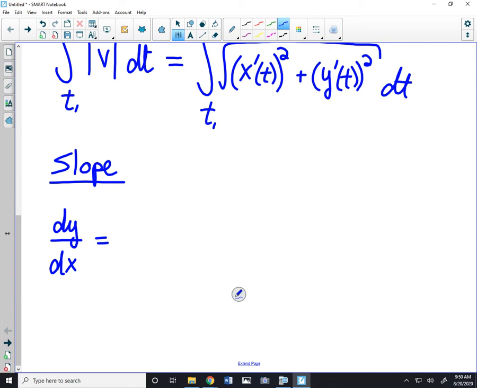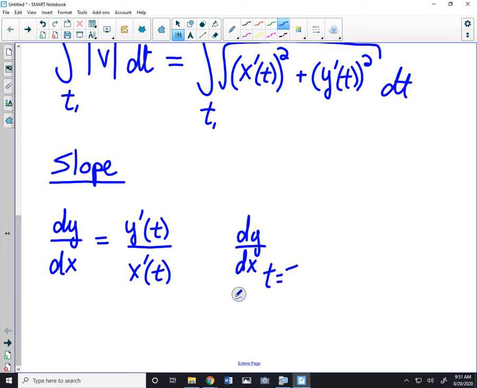Well, it just so happens with the notation, this is y prime of t over x prime of t. So if we want to do the problem we're working, at pi over 2, dy over dx at t equals pi over 2. The y prime at pi over 2 was 5, and the x prime was 2.